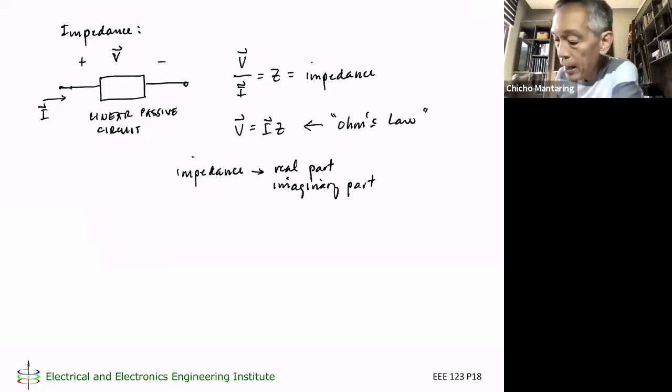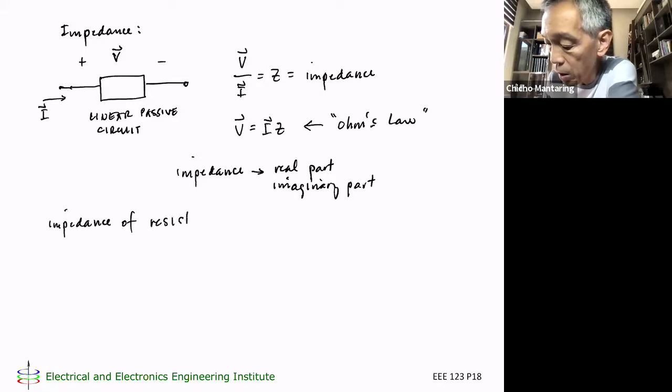Okay, and then last week I showed you that the impedance of a resistor, let me call that Z of R, is just equal to the resistance value.